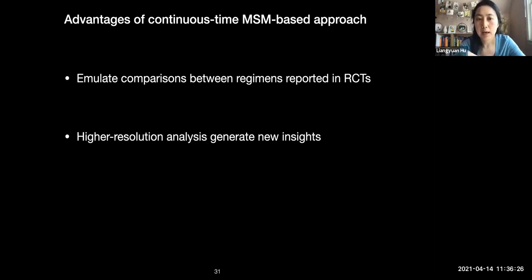And then we can compare the interval-specific mortality rates and draw a causal inference about treatment initiation time. And these model outputs can also provide higher resolution analysis, which may generate new insights relative to RCT findings.